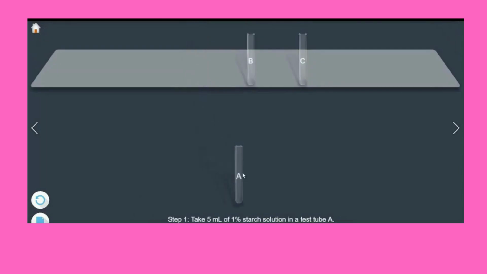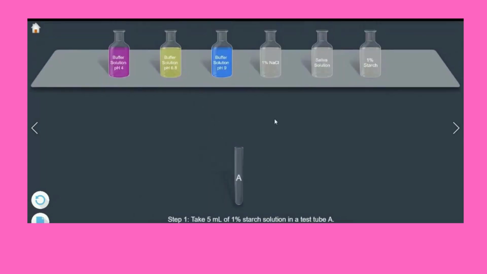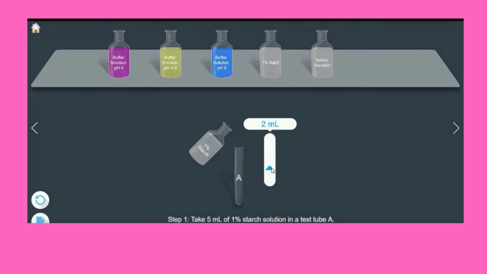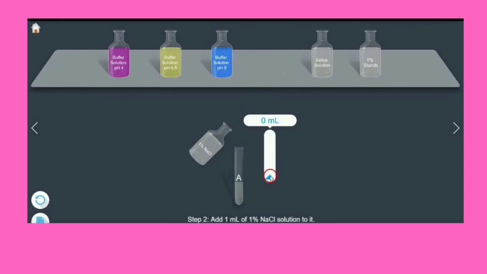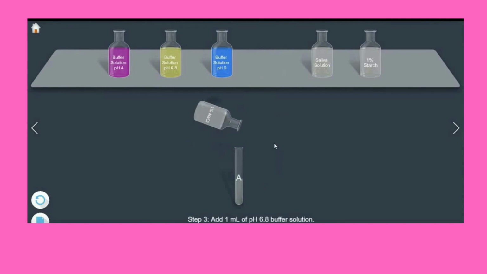So these are the test tubes. In test tube A, we are taking 5 milliliter of 1% starch solution, then 1 milliliter of 1% sodium chloride solution and 1 milliliter of buffer solution of pH 6.8.